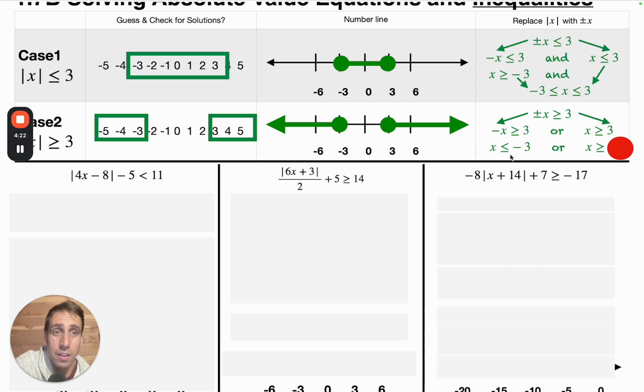So this part right here graphs like this very nicely, and this part over here graphs this also very nicely. I want you to figure out what's underneath that red dot. Notice, although case 1 rejoins into a single inequality, like a compound inequality like this, case 2 does not.